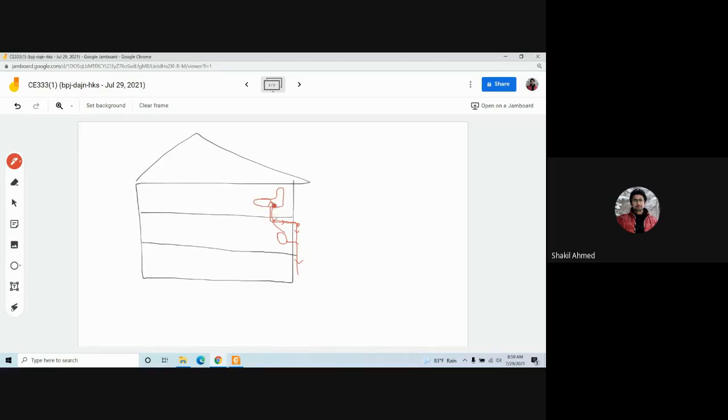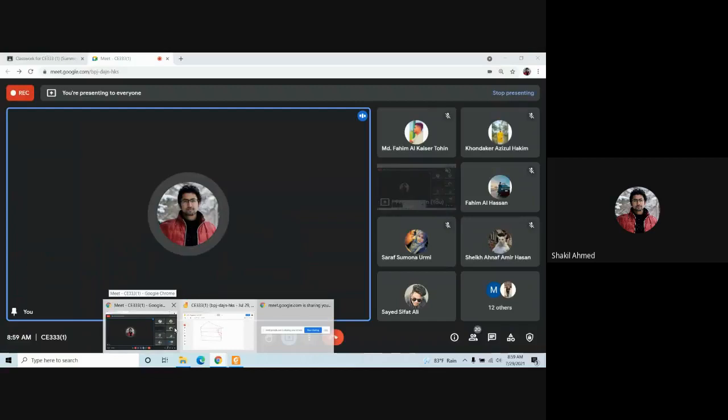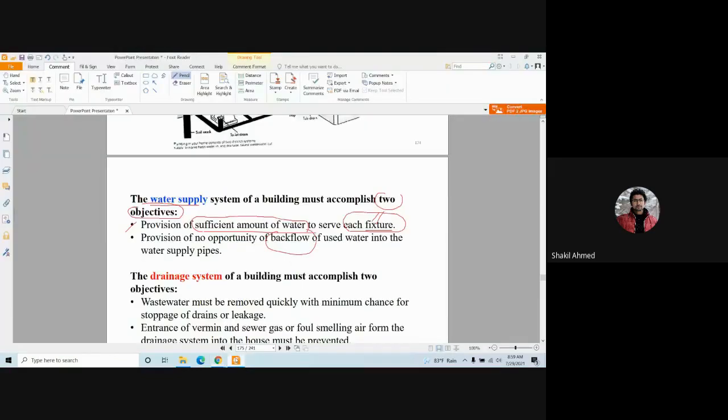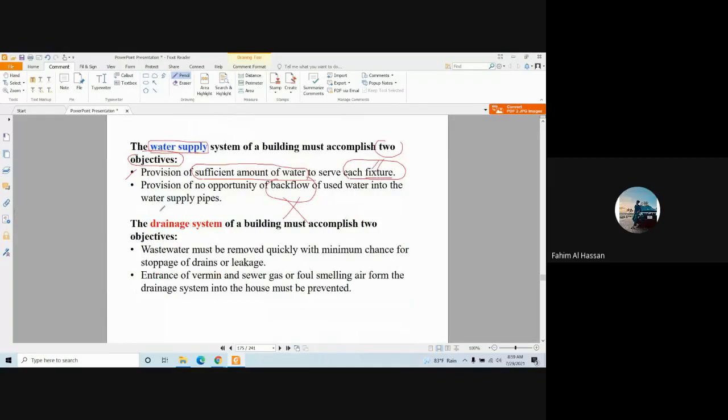The wastewater will come to your house. We don't want that, right? So backflow is not expected. You have to stop the backflow in the water supply system. Did I make it clear? Yes, sir.